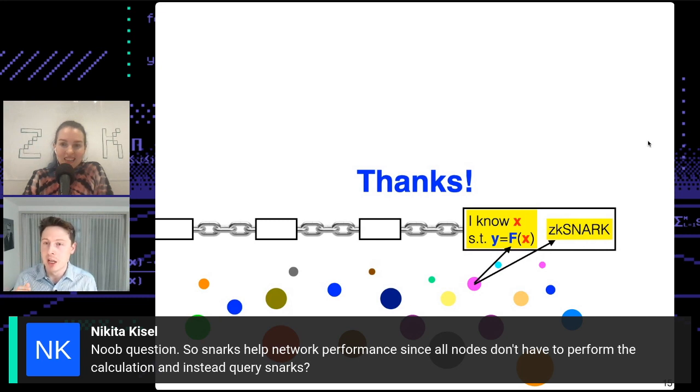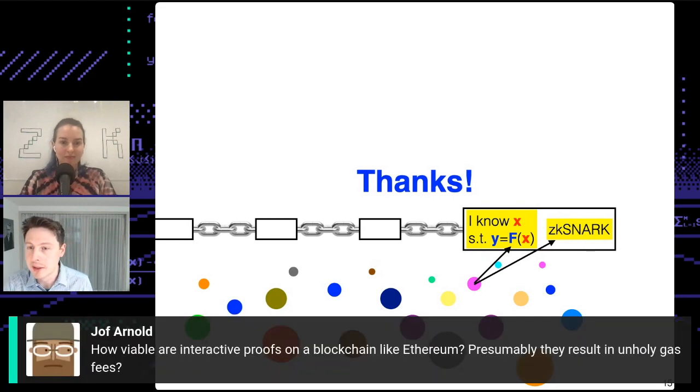So in some sense, you're paying more bandwidth, but because the proof is so small, it doesn't matter too much. What you're saving other nodes in the network is the computation cost. Now, there are other situations where you're proving a statement about data that you don't see, and in that case, you don't have to send that data. So that happens as well. But maybe the most obvious way in which they help is they save computation to everybody else.